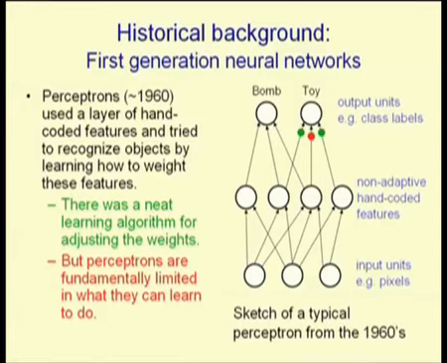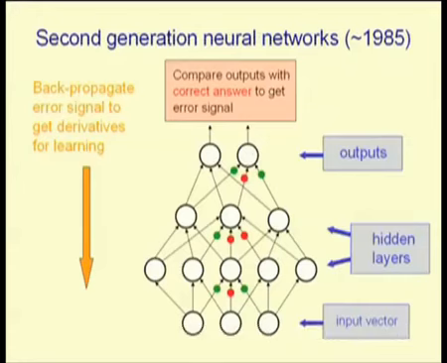What I think of as the second generation of neural networks allowed you to learn multiple layers of weights. That was seen as a big breakthrough. You could learn the strengths of the connections in multiple layers. And the backpropagation algorithm, which was invented by lots of different people: you start with an input vector, and you feed forward through a neural net. You compare the output that you get with the correct answer, and then you take some measure of that discrepancy and go backwards through the neural net, computing derivatives for all these weights.